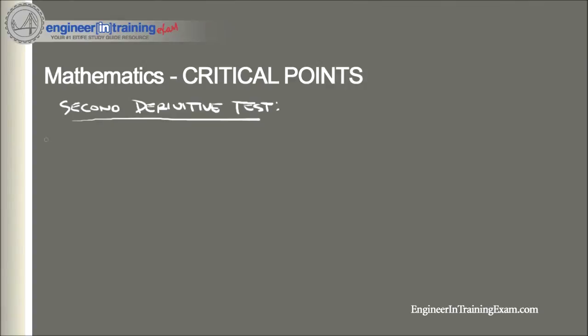Now the second derivative test tells us this: if f double prime of c is greater than 0, then f prime of x is increasing in an interval around that point.